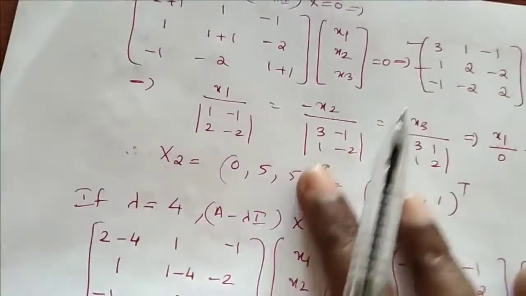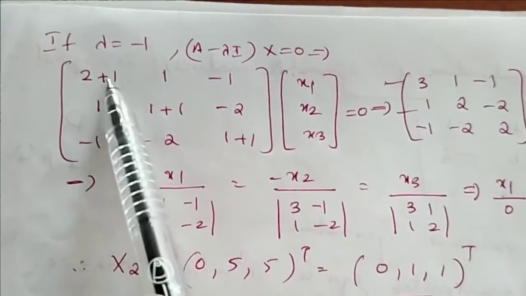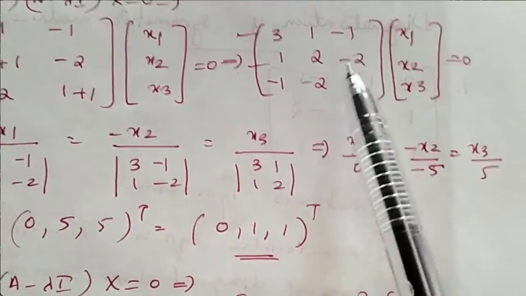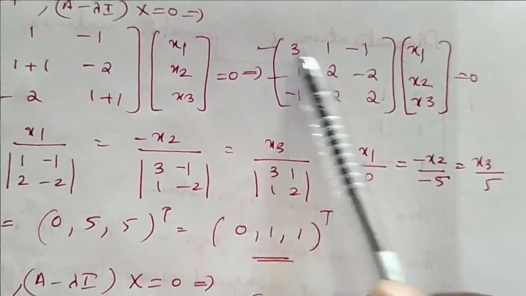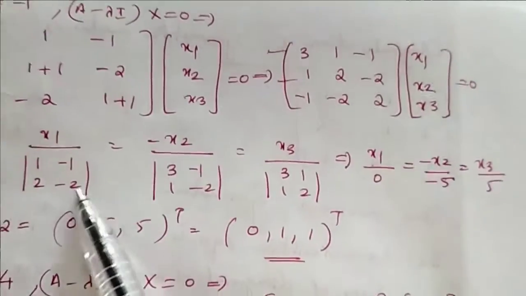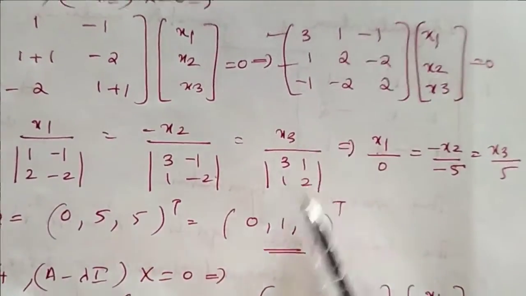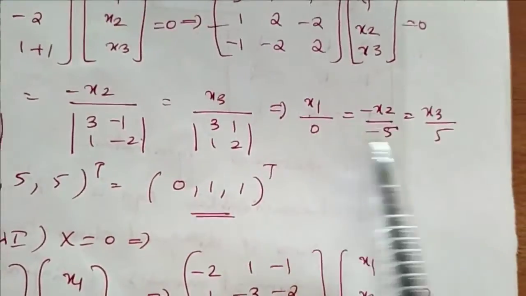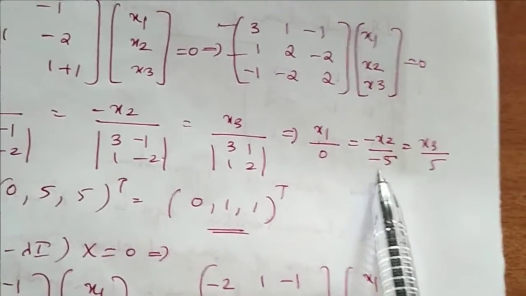Next, for lambda equal to minus 1: subtract minus 1 from the diagonals, or add 1, and we get this matrix. Again taking the first two rows, x1 by the second and third columns, minus x2 by the first and third columns, x3 by the first and second columns. We get 0, minus 5, 5 in the denominators, and the second term minus 5 becomes plus 5.